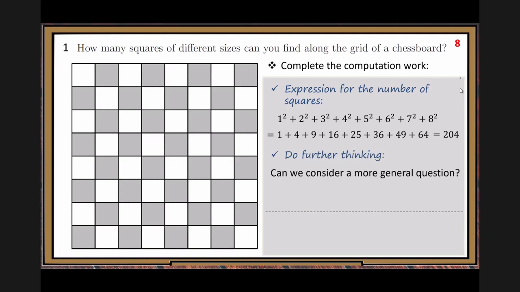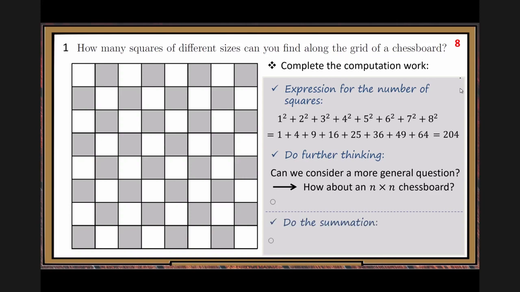Here, if we consider an n by n chessboard, we extend this question to an n by n chessboard. Or we may not call it a chessboard, just a name, grid, whatever you like to call it.